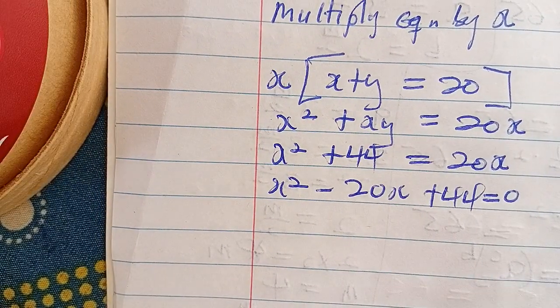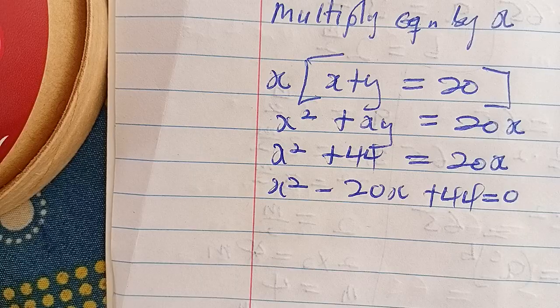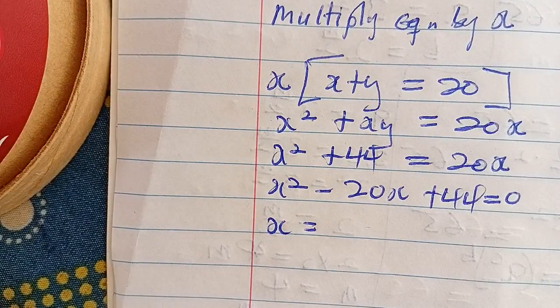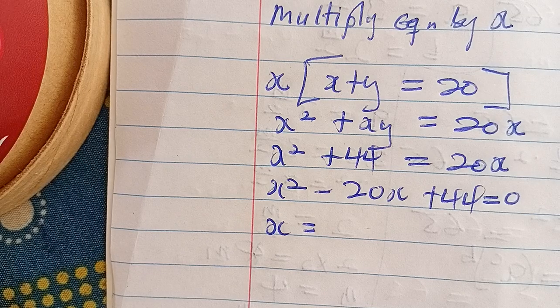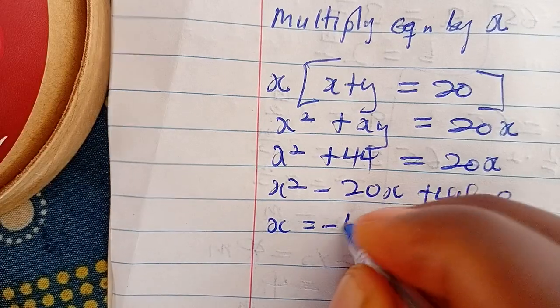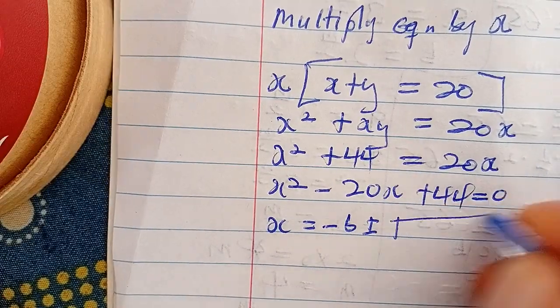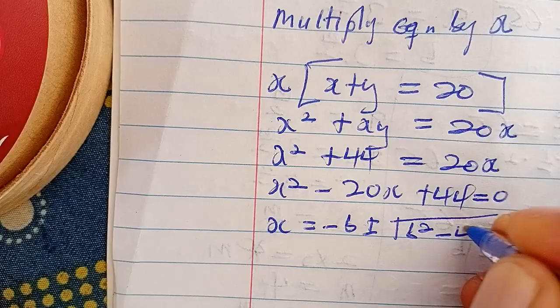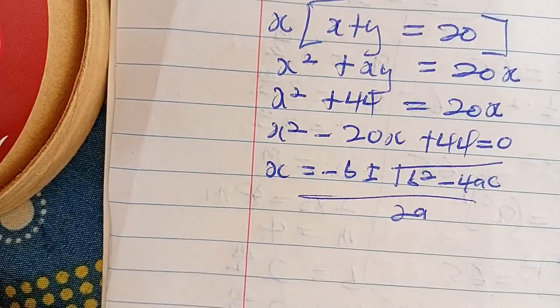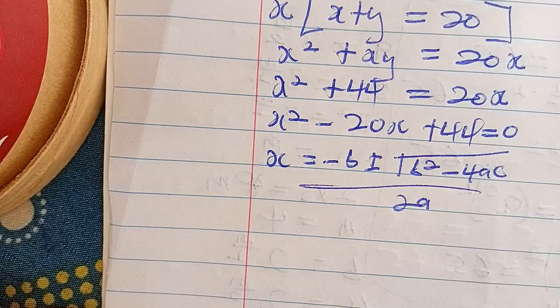Now you're supposed to use the quadratic formula, or the almighty formula. So x is equal to minus b plus or minus the square root of b squared minus 4ac, all over 2a. Let's do the substitution.